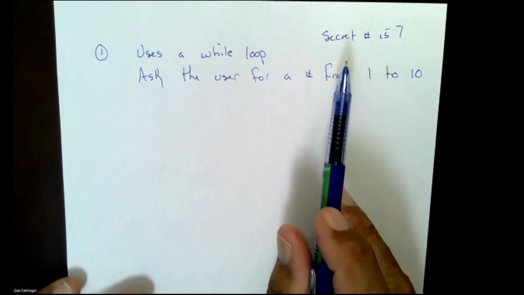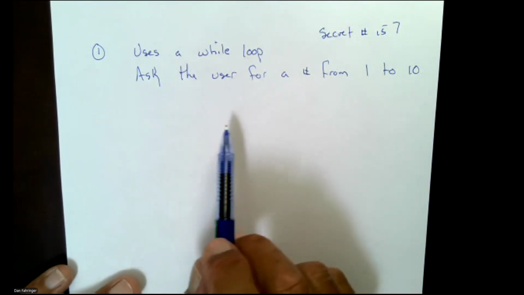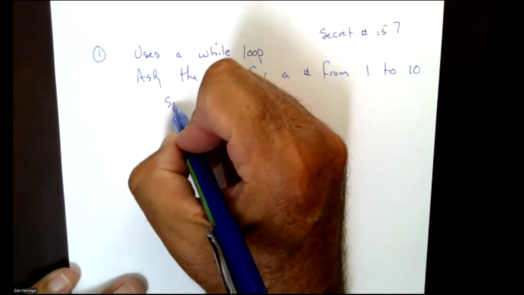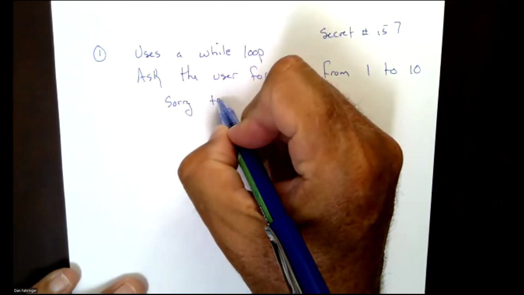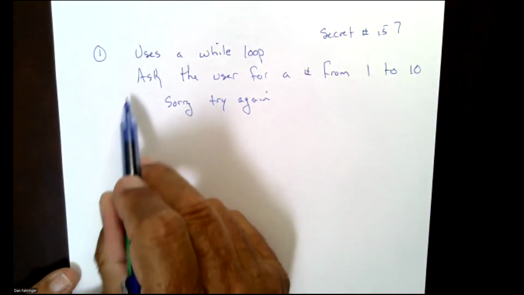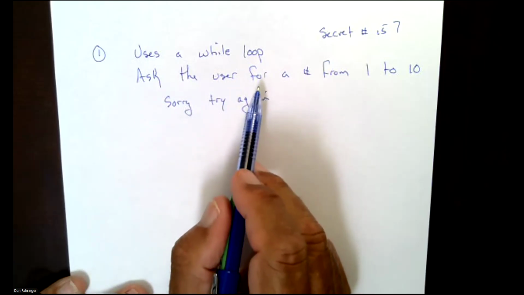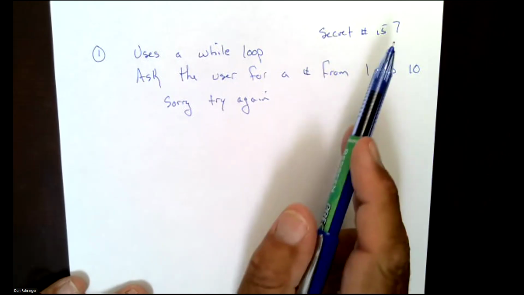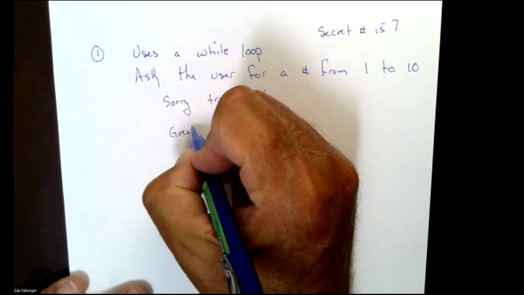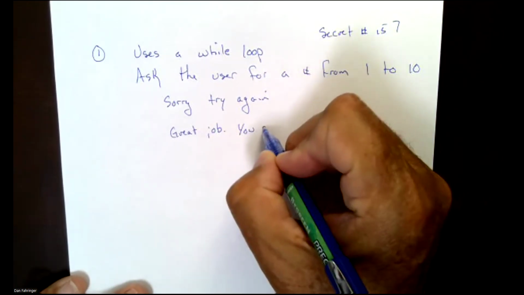So you're going to say, hey, please give me a number. They're going to hit 5. You're going to say, sorry, try again. So now that's going to loop back up and ask the user for another number. But if they guess the secret number 7, you're going to say, great job. You guessed the secret number.